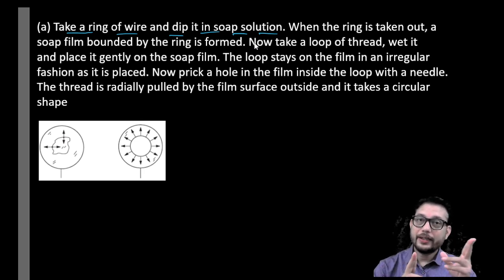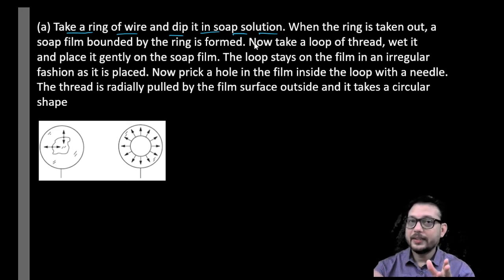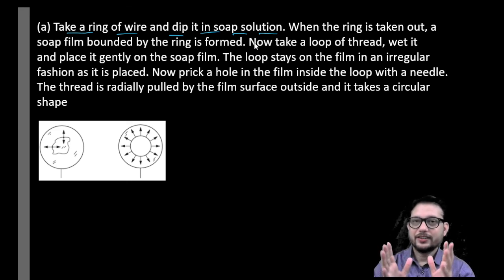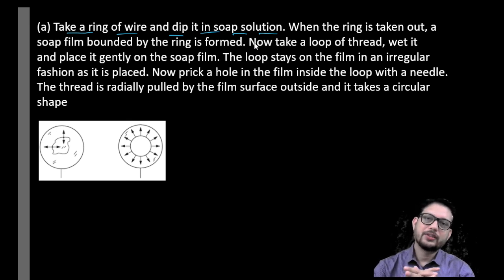And if we draw a length L on the water surface for calculating surface tension, then in this case we have 2L. So in practice we can easily identify the surface tension in soap solution compared to pure water. I hope it is now clear why we use the soap solution for the demonstration of surface tension.